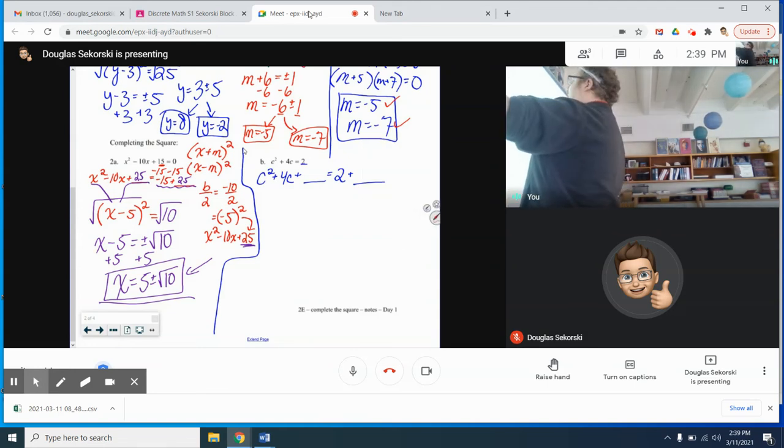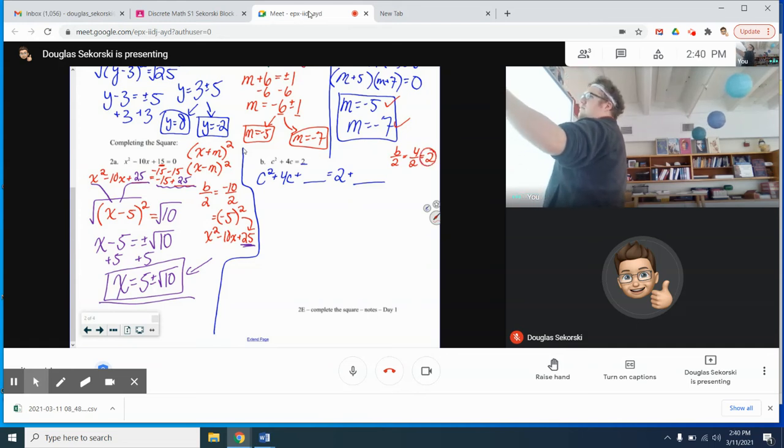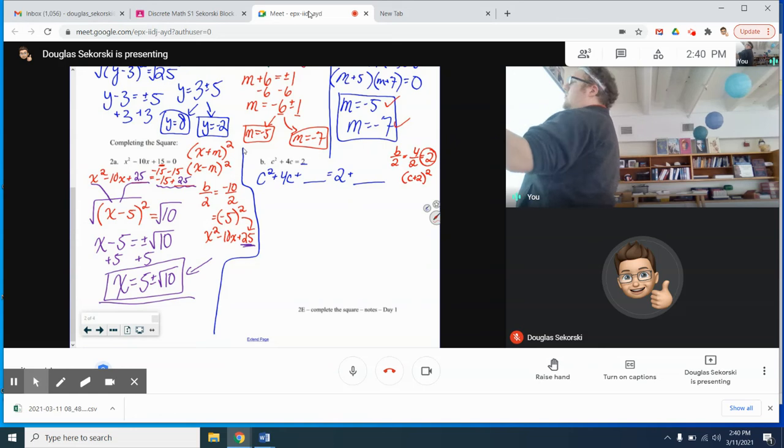So off to the side here, I'm going to take b over 2. That is 4 over 2, which is 2. So I know that I need a c plus 2 squared, and I also know that the constant should be 2 squared, which is 4. So I'm going to put a 4 in here and a 4 in here.